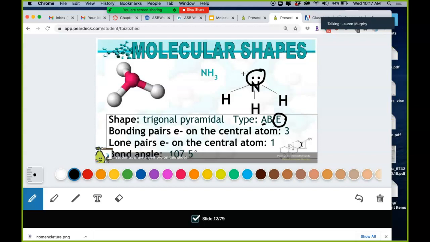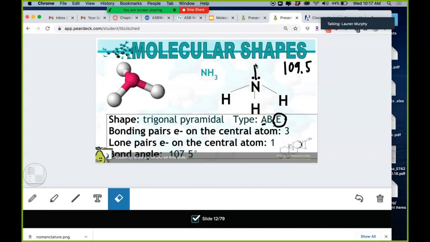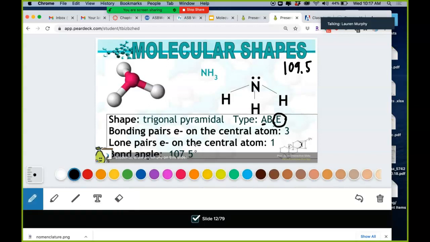Now I do want you to pay attention that this was before a bond, right? And the bond angle, when it was tetrahedral, was 109.5. And then when the bond went away and was replaced with a lone pair, the bond angle shrunk a little bit. This is now 107.5.